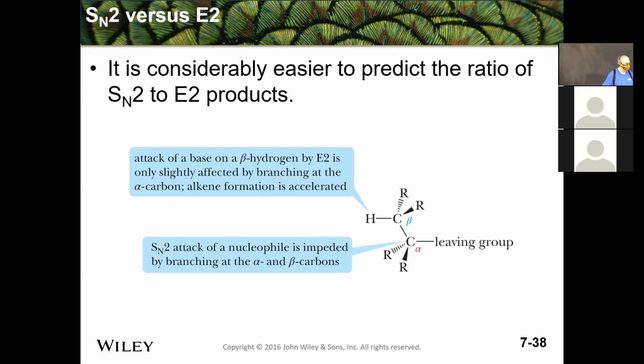It's considerably easier to predict the ratio of SN2 to E2 products. The attack of a base on a beta hydrogen by E2 is only slightly affected by branching at the alpha carbon, so alkene formation is accelerated. SN2 attack of a nucleophile is impeded by branching at the alpha carbon.